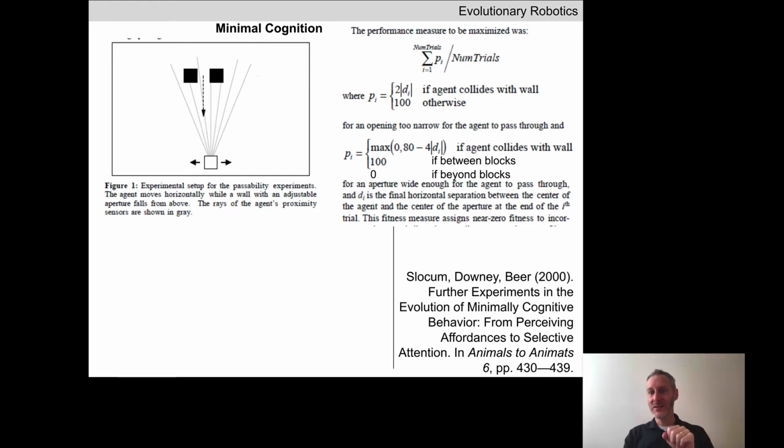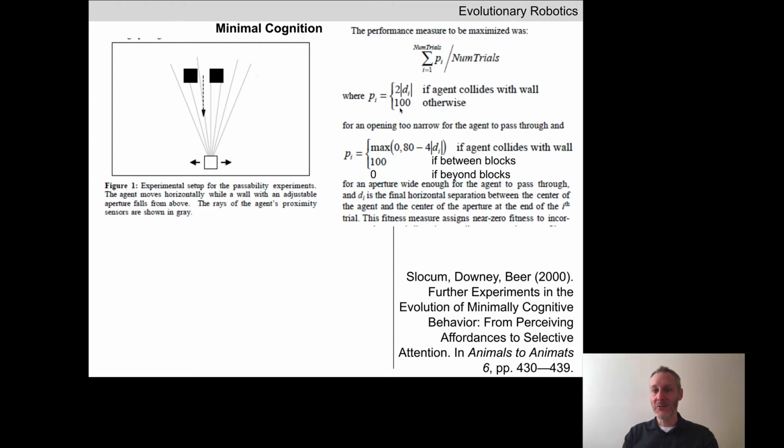If D sub I is 0, that means the agent is directly below or was hit head-on by the object pair, and that object pair had a narrow gap. The robot did the maximally wrong thing. So the worst value of P sub I the agent can get is 0. It gets hit by the object. The best thing it can do is run away and get 100 points.